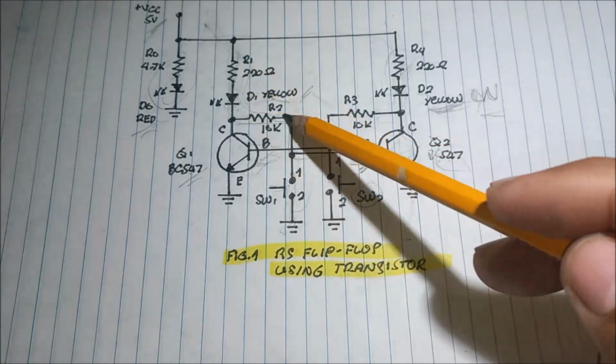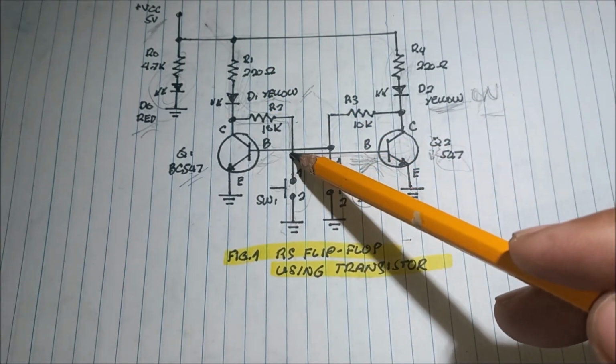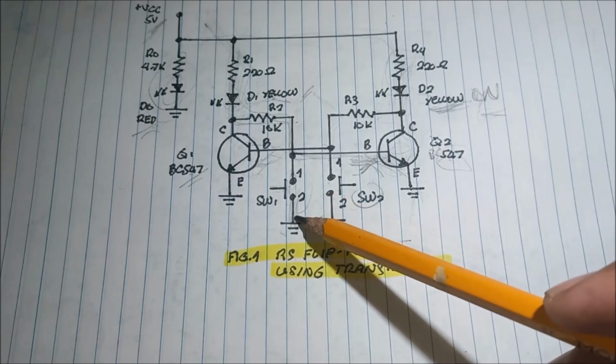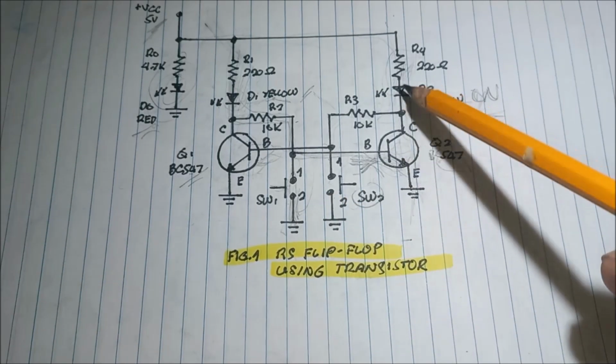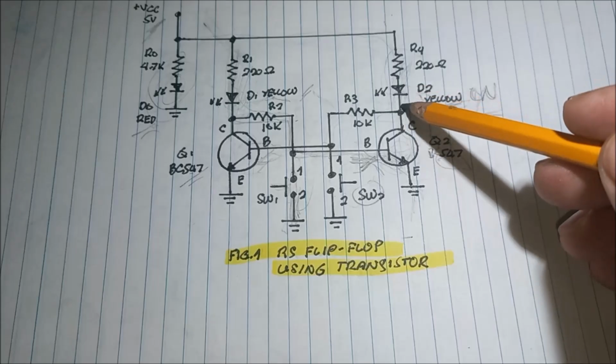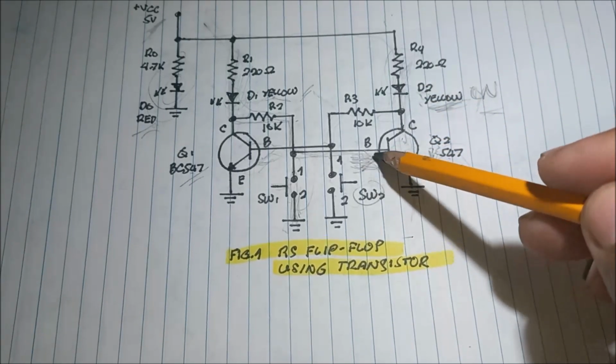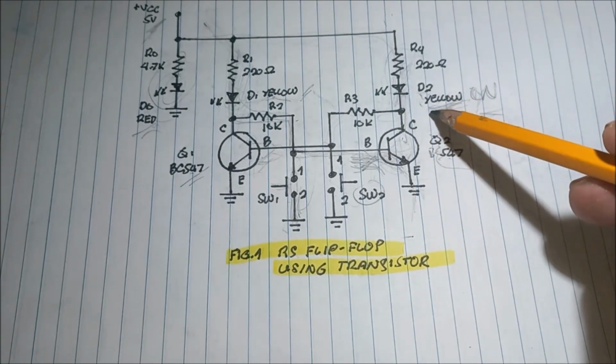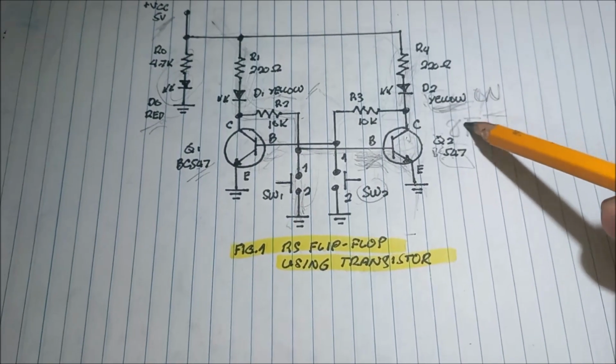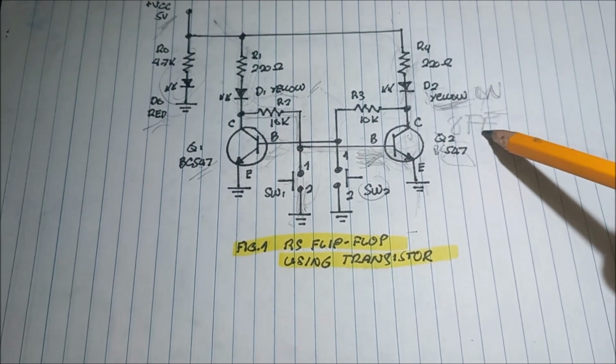So instead of flowing to the base, it is now going to flow directly to the ground. So this will now disconnect. It will turn off. There's no current here. So this LED now turns off. Before it was on, now it is off.